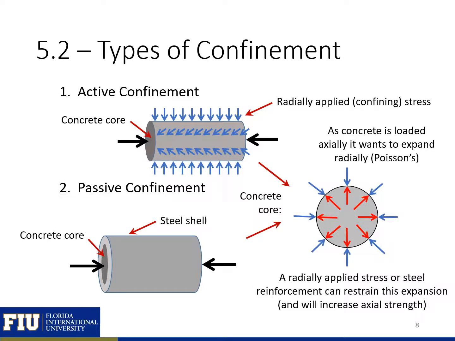And for active confinement, we'll have a radial applied stress resisting the expansion of the concrete. Or in passive confinement, we'll have the steel shell that's going to resist the expansion. So both of these will provide confinement to our concrete.